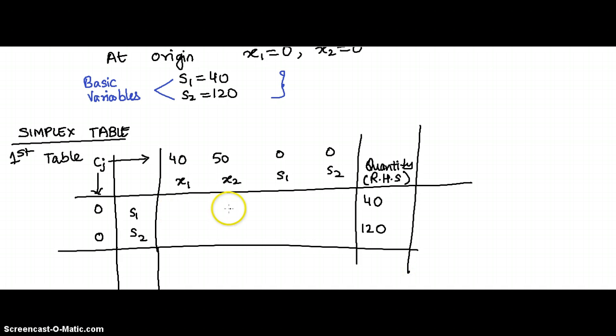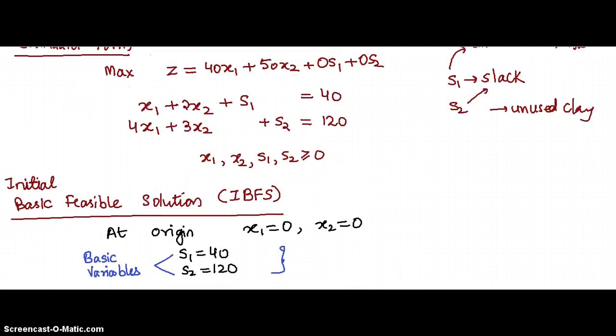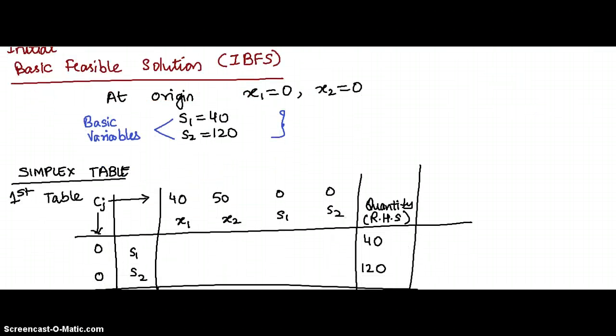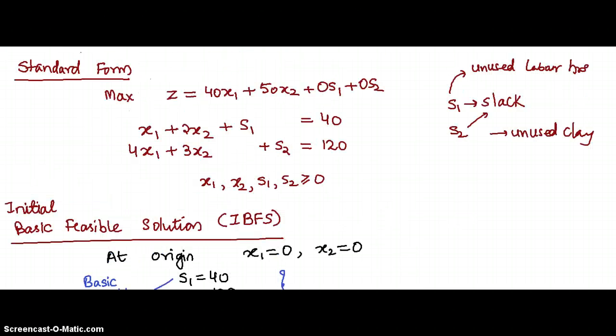Now we have to fill these entries in the table. Now we can see from the standard form, s1 represents the variable in the first constraint. So in the first row we have to write, below this, the coefficient of x1, x2, s1 and s2 in the first constraint.